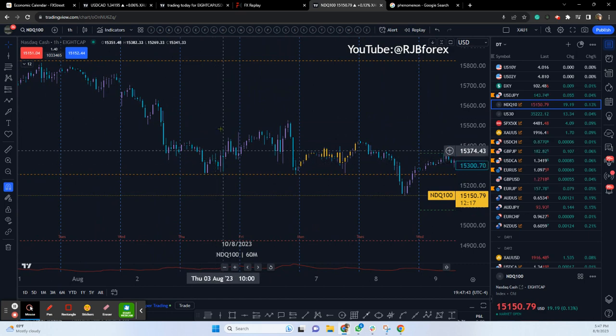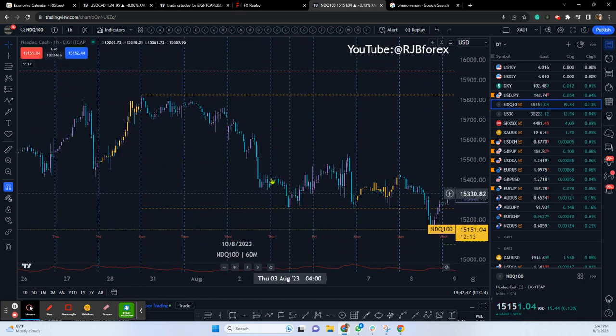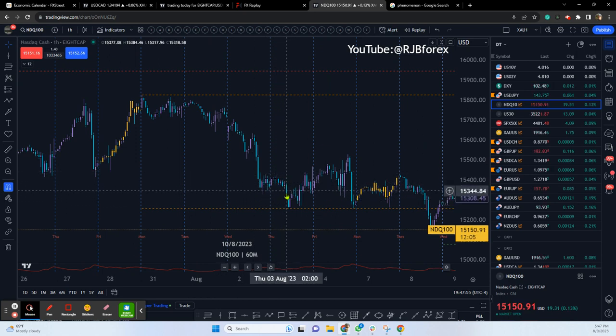So this was day one here. On Thursday we broke down, breaking the low of last week. So that's last week. On Thursday, we broke the low. It was a false breakout, whatever you want to call it. It failed to break out and moved back inside and closed above Wednesday's low.